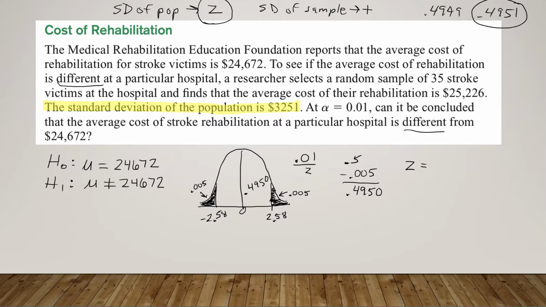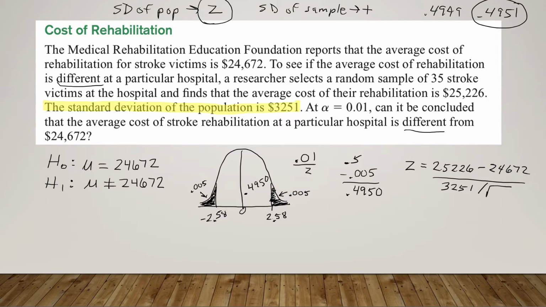So we know that when he selected his random sample of 35 stroke victims at the hospital, he found the average to be 25,226. And so that number goes first. The number in the hypotheses goes second, so 24,672. We're going to divide by our standard deviation, which they told me was 3251, and then divide by the square root of the sample size.